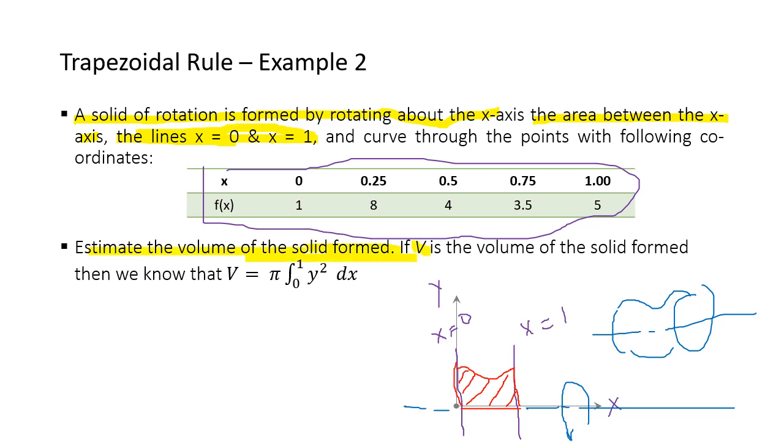If V is the volume of the solid, analytically the volume of the solid formed by rotating that area around the x-axis is given by that formula: V equals pi times the integral from 0 to 1 of y squared dx. That's what we want to find out in this example.